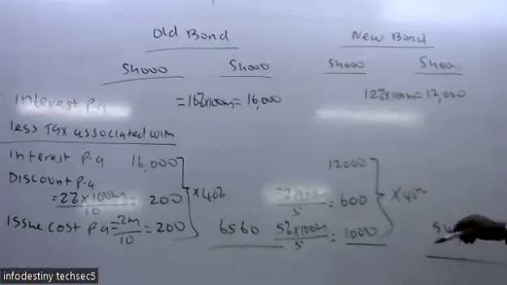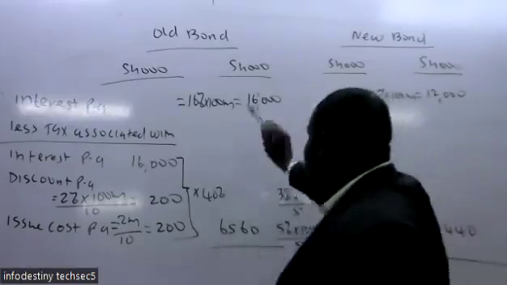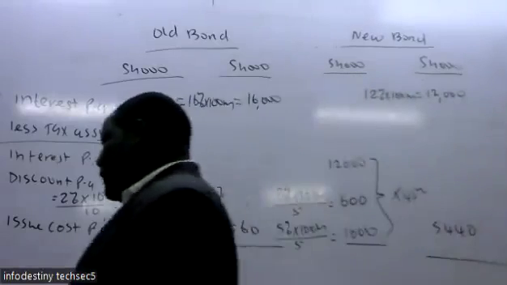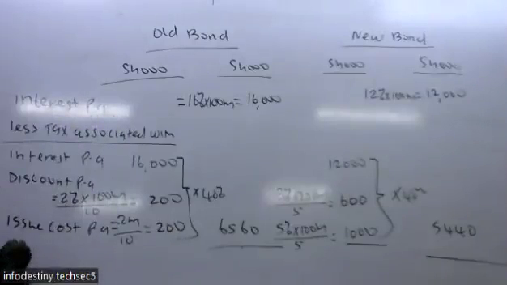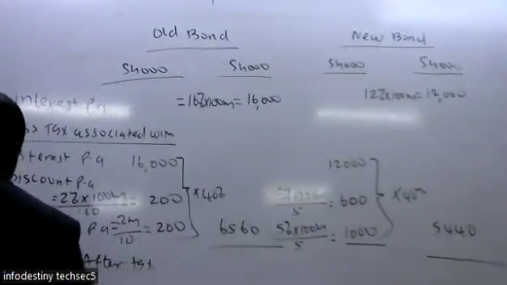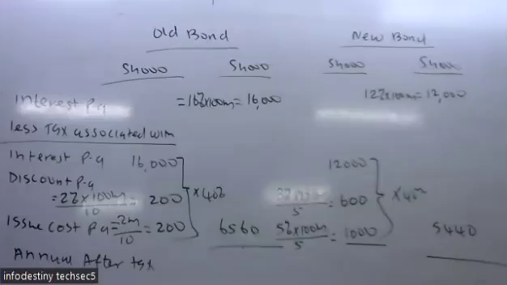So we are subtracting this from that, also this one from that, to get annual after-tax cost. So that we get the annual after-tax costs.